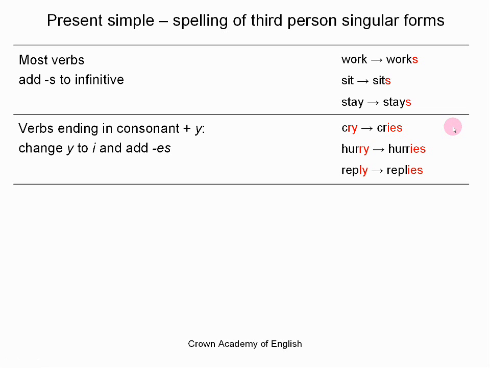The verb to hurry becomes he hurries, spelt I-E-S at the end. And the verb to reply becomes he replies, again I-E-S at the end. So what we're doing here is, this is the rule in practice. So we are changing the Y to an I, and then we're adding ES at the end.